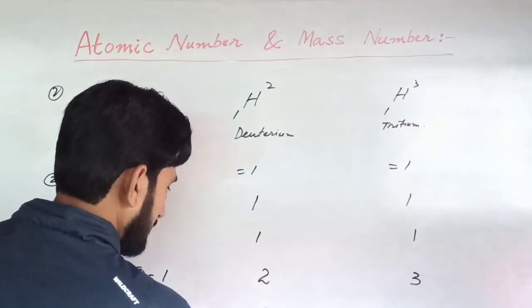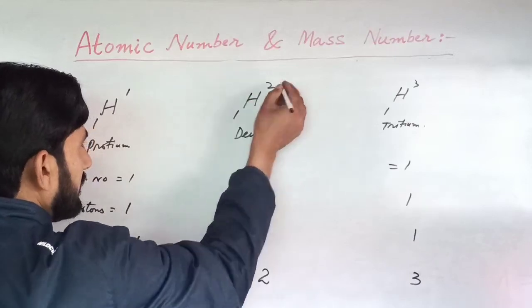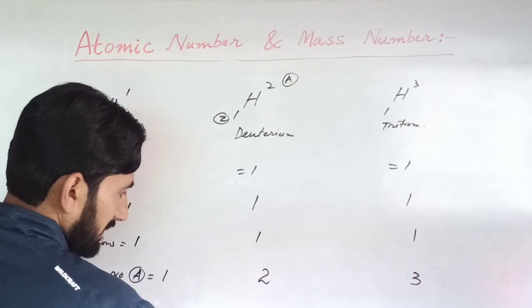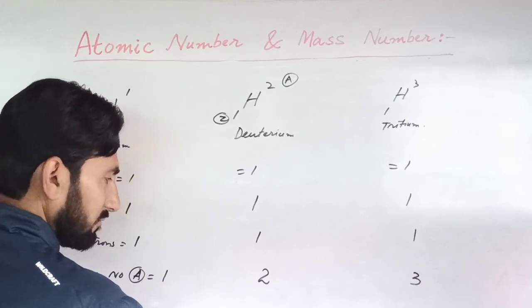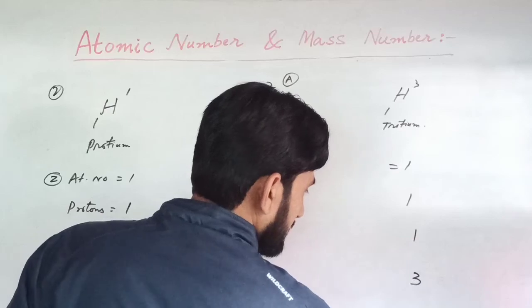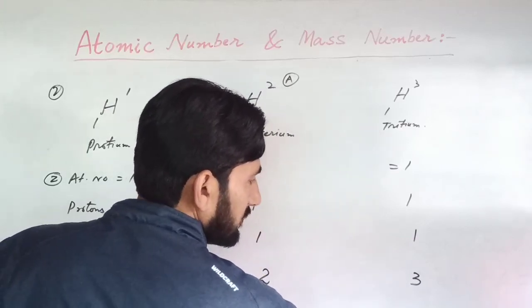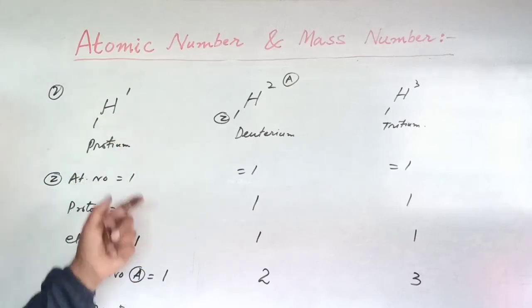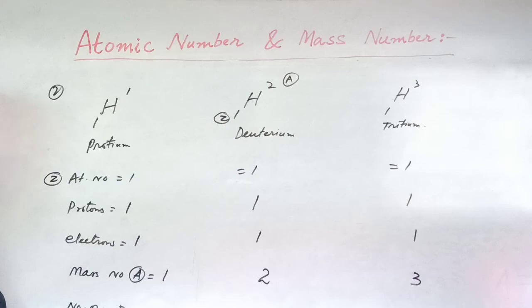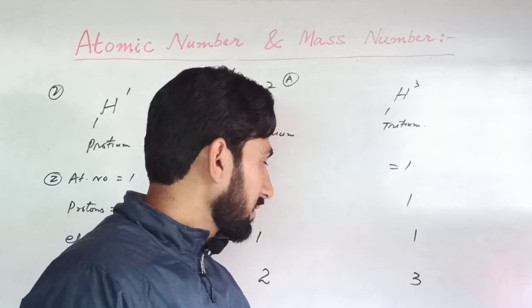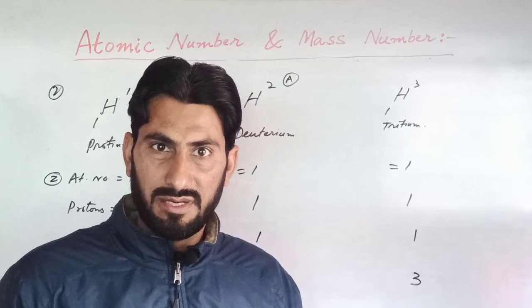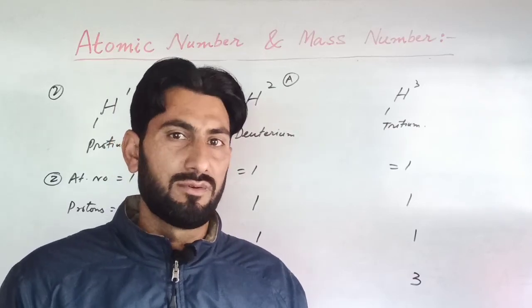Here 2 minus 1 is equal to 1. Here 3 minus 1 is equal to 2. So the number of neutrons in protium is 0, in deuterium is 1, and in tritium is 2. So this is all about atomic number, mass number, and neutron number. Okay, thanks.